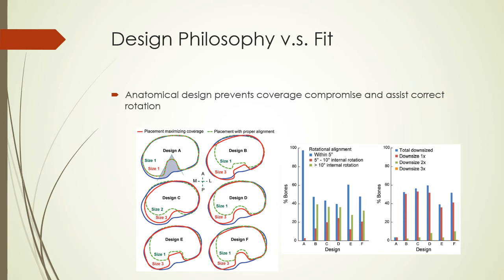So the figure showed that the percentage of bones that will have to be downsized to make that compromise is very minimal in design A compared to the other designs. So that's the advantage: once we properly understand the morphology of the bony resection, there's opportunity for us to design the implants to minimize the conflicts we have between different surgical goals.